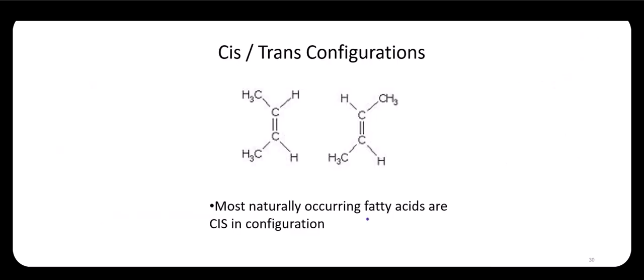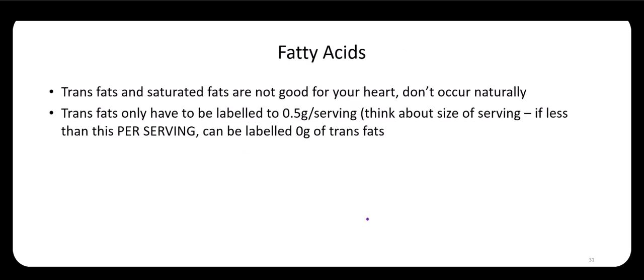Okay, the cis configuration is the naturally occurring in fatty acids. Trans is the naturally occurring in everything else. In nutrition, you're going to talk about the ramifications of eating too many trans fats. You'll also talk about food labeling a little bit.